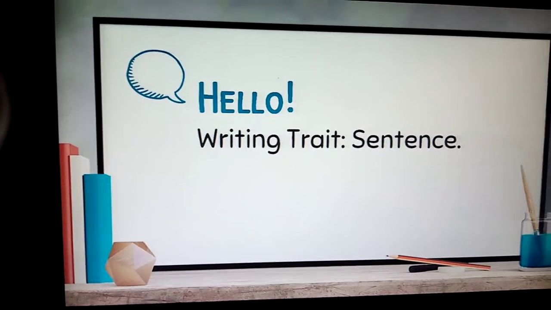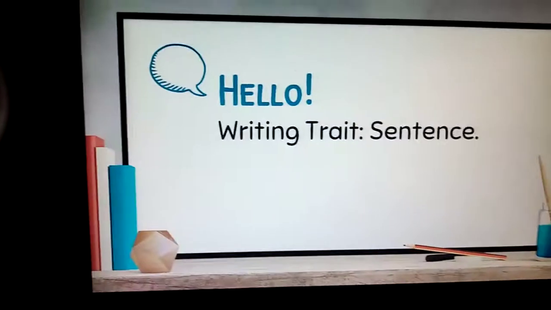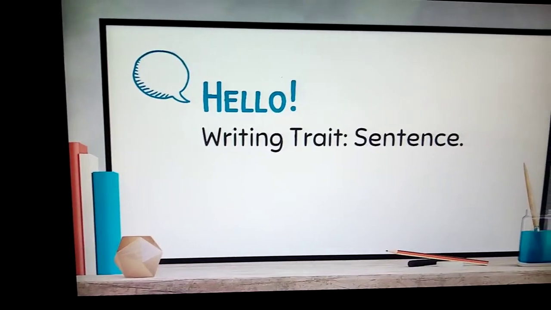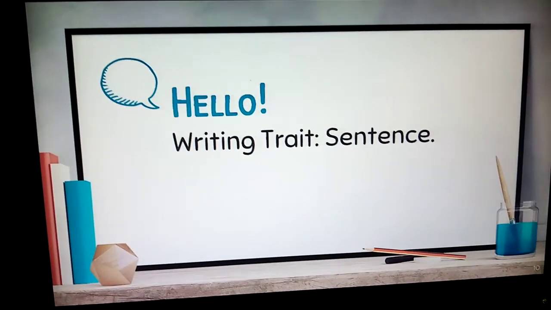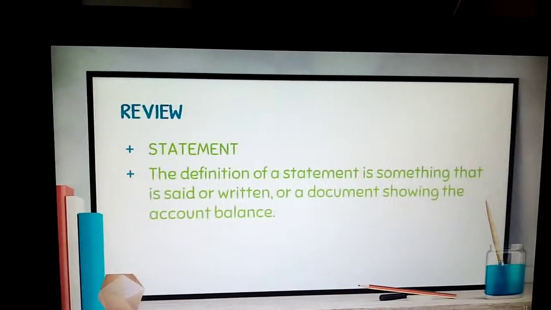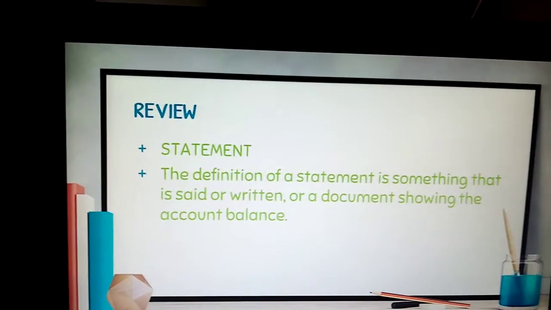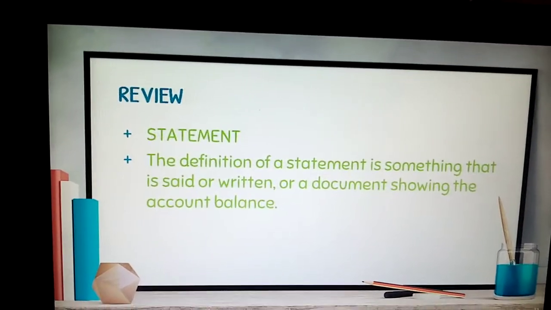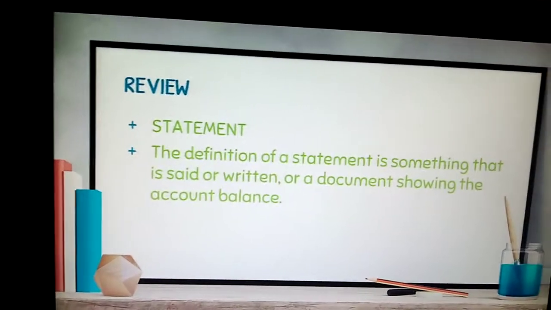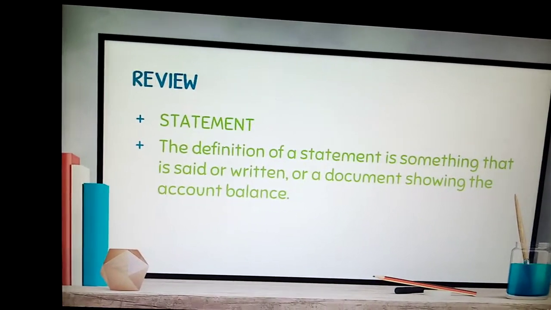Writing trait sentence, page 170. First, here we're going to remember what some words are. We're going to remember what a statement is. The definition of a statement is something that is said or written, or a document showing the account balance.